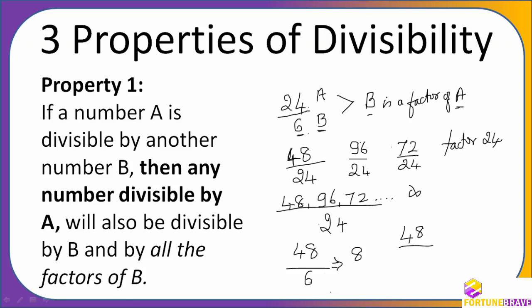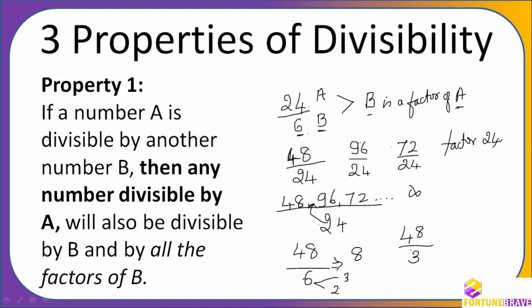Now we are seeing the factors of 6. We saw the multiples of 24; now see the factors of 6. What are the numbers that can divide 6? 3 can divide, 2 can divide, yes or no? Yes. We'll see the divisibility rules as well on the basis of this. So 6 can be divided by 3 and 2. This 48, which is divisible by 24, can also be divisible by 6 as well as its factors.